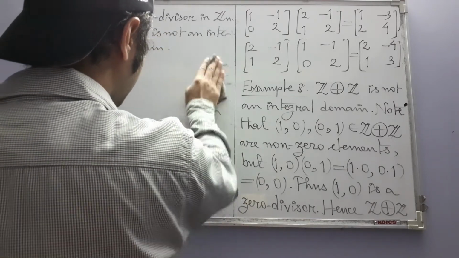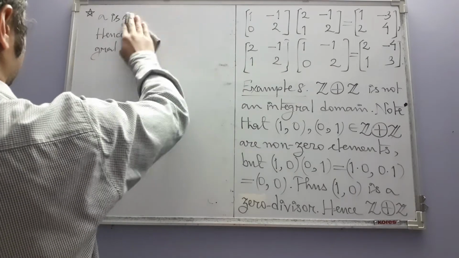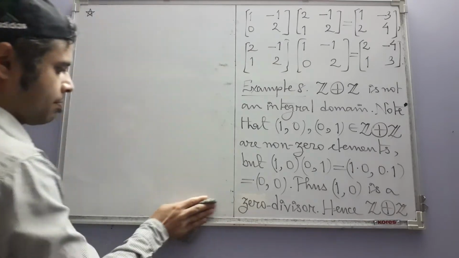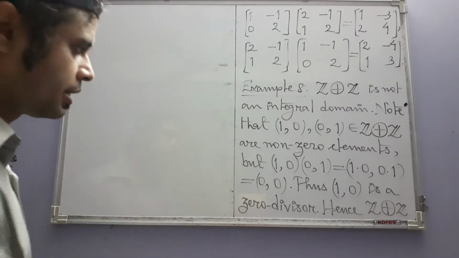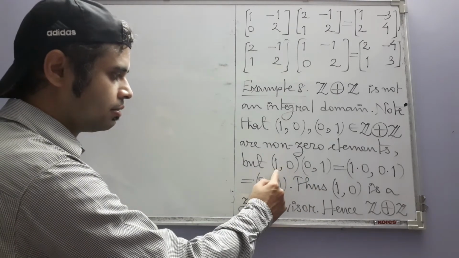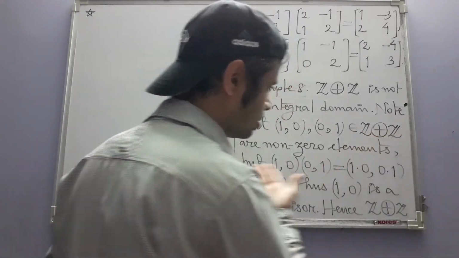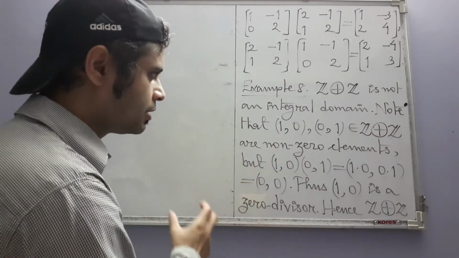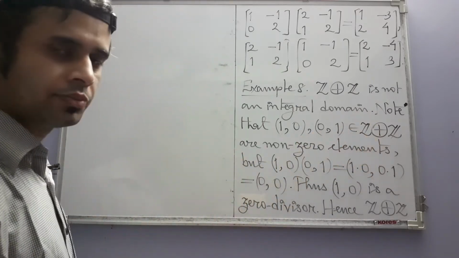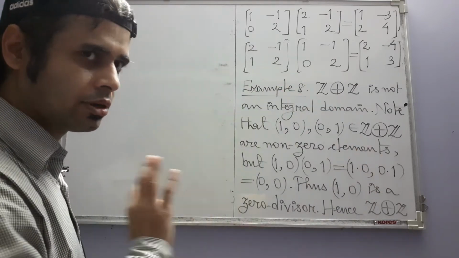And in fact, if you think a little about this direct sum, it will never be an integral domain. That is because you can always find such things, even if more rings are involved. From the first ring you can take one non-zero element, make the other coordinates 0, that is you are taking zeros from all the other rings.